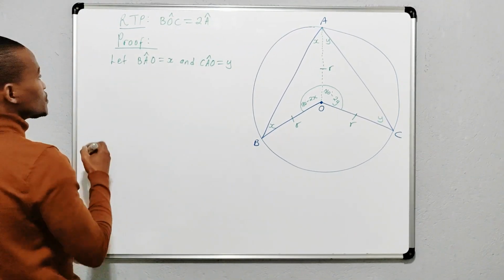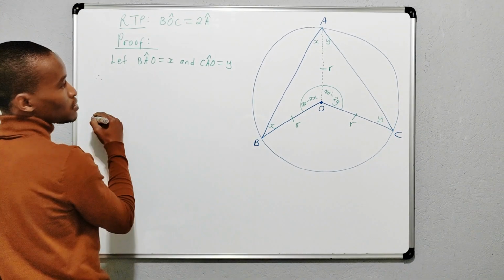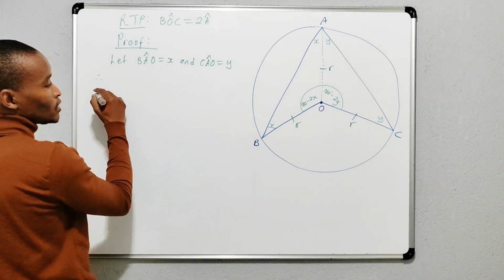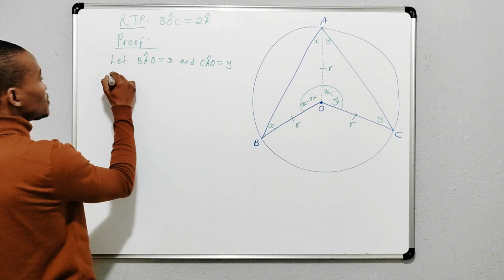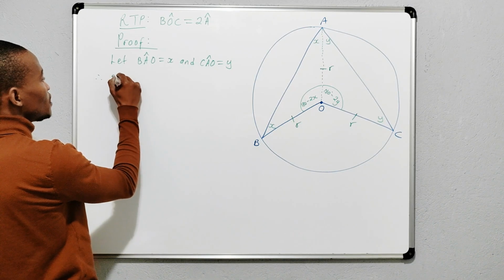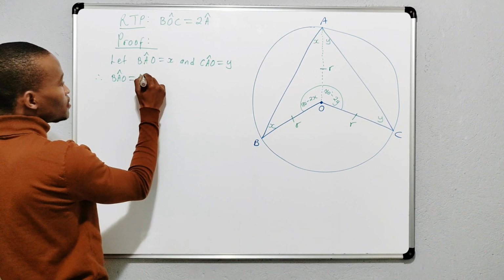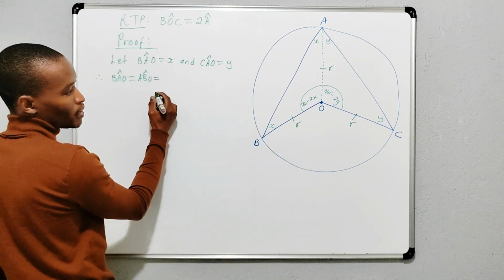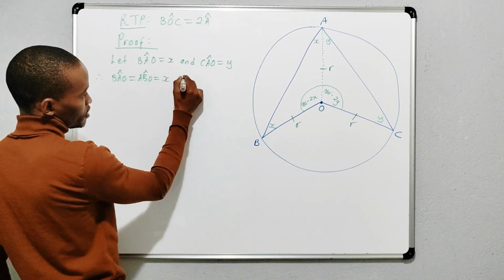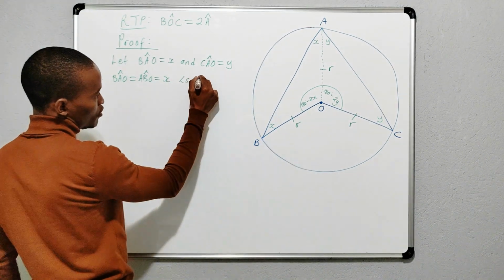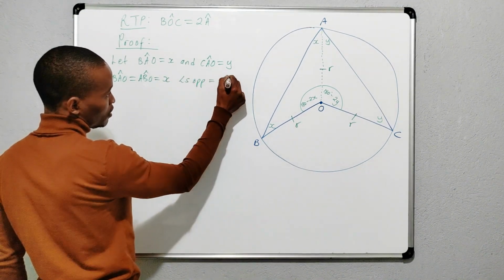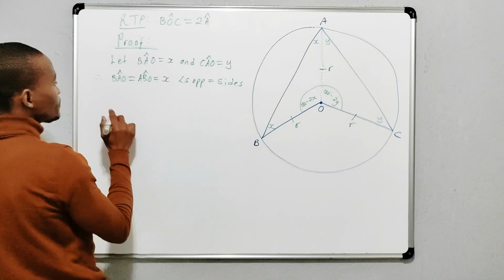Okay, so by this condition, we know that angle BAO will be equal to angle ABO, both of them being equal to x, because these are angles opposite equal sides.